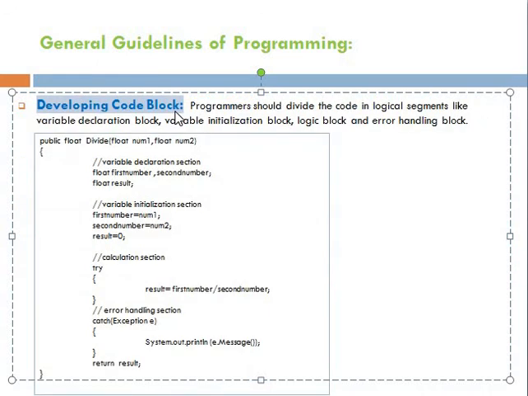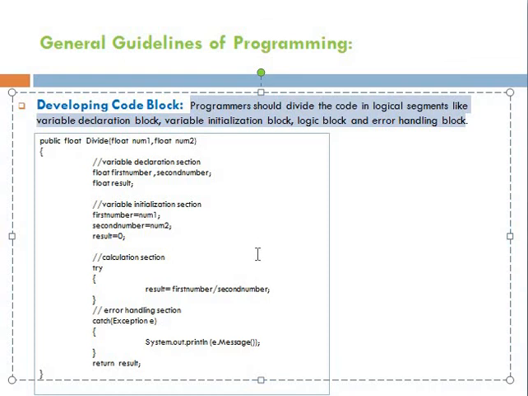The next general guideline for good programming is developing the code block. The programmers should divide the code into logical segments like the variable declaration block, the variable initialization block, the logic block, and the error handling block.